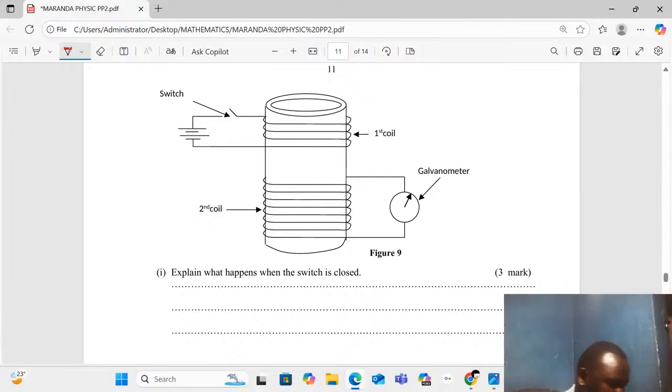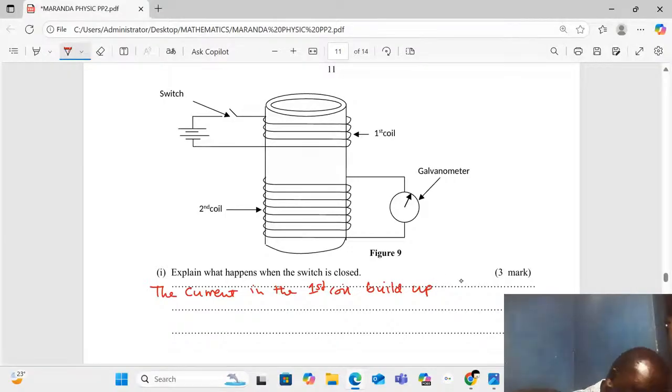Therefore, I can say the current in the first coil builds up to maximum.